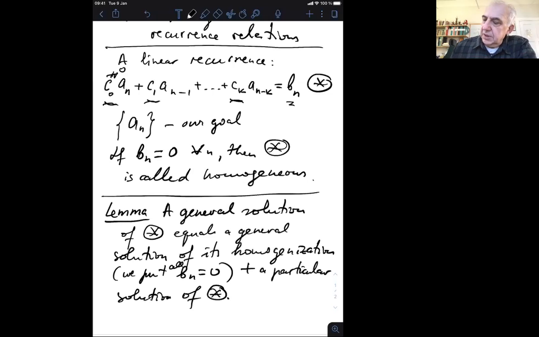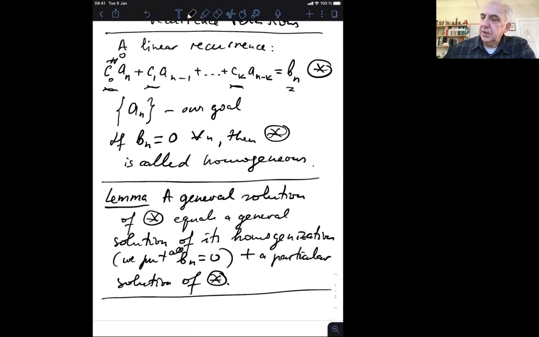I'll repeat again that it's much easier to find how to solve a homogeneous recurrence relation with constant coefficients. Finding a general solution of a homogeneous recurrence relation is usually quite a simple thing. To find a particular solution of the non-homogeneous equation works in certain cases. We'll discuss some of it today.